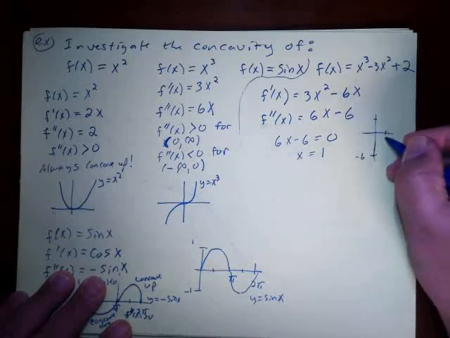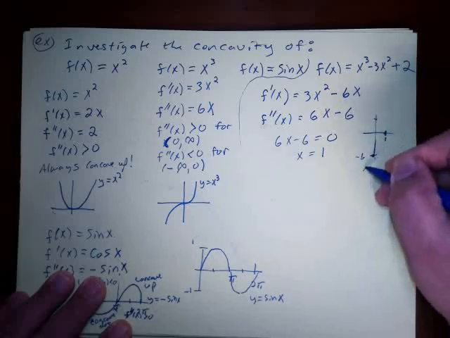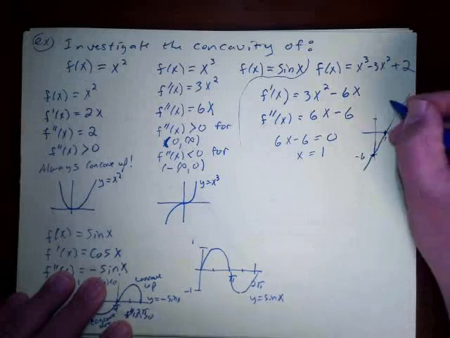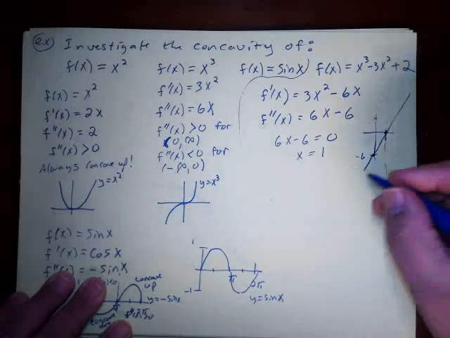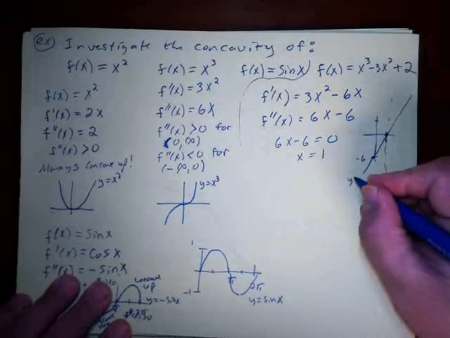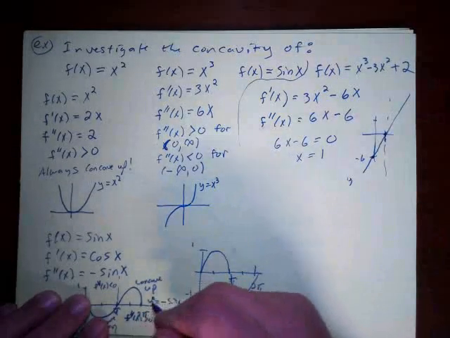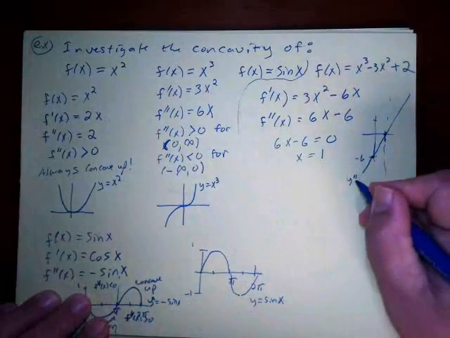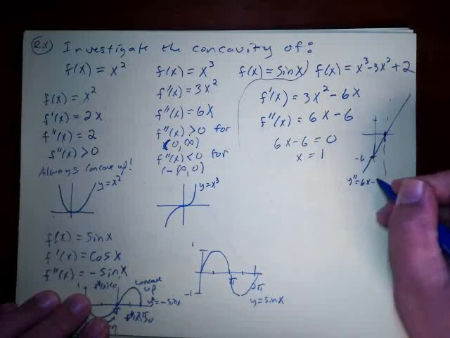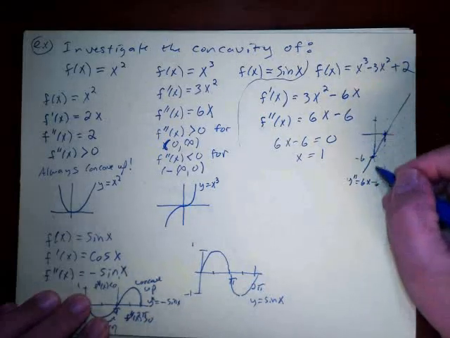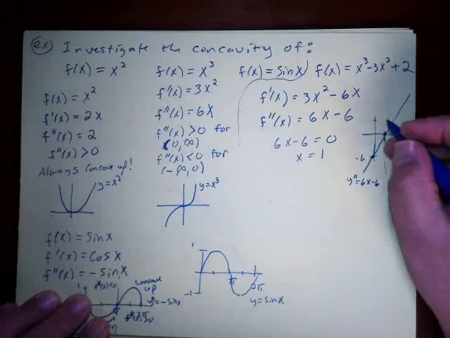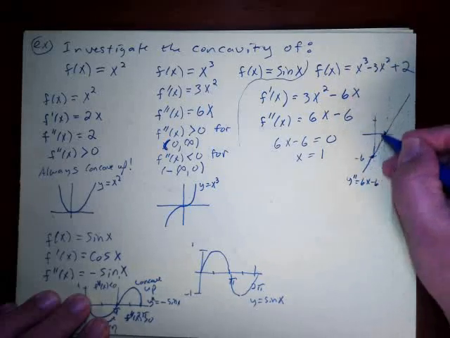This would be 1, and it would be like this, right? And so you could see this is the second derivative, y, and I could have put a double prime over here, so I could write y double prime is equal to 6x minus 6.